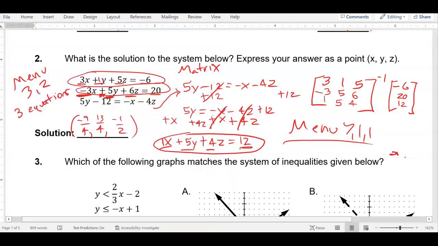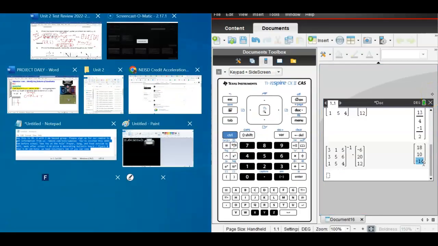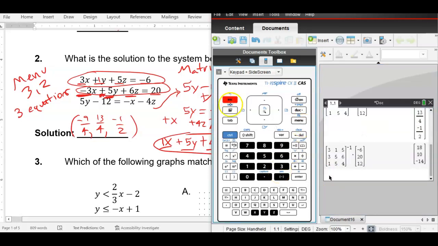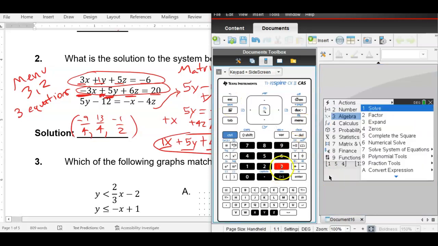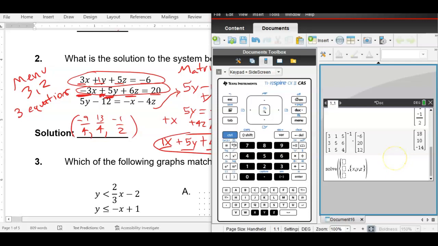If you do menu 3-2, you get the same thing. So again, if I go here, menu 3, you press 2. Now you have to make it a 3 equation system, x, y, z.